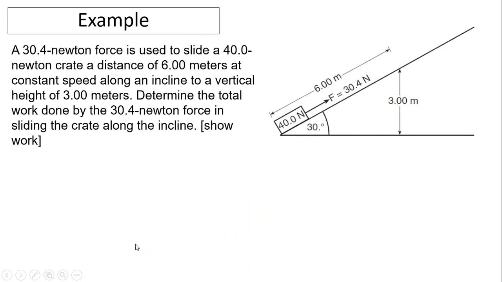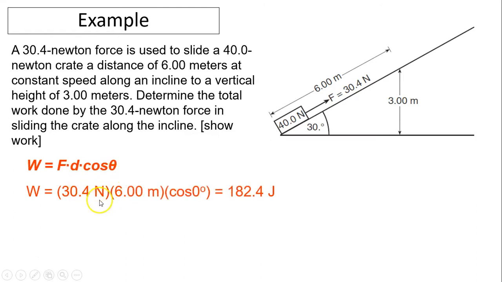Let's take a look at another example. A 30.4 newton force is used to slide a 40 newton crate a distance of 6 meters at constant speed along an incline to a vertical height of 3 meters. Determine the total work done by the 30.4 newton force in sliding the crate along the incline. So work equals F d cosine theta.